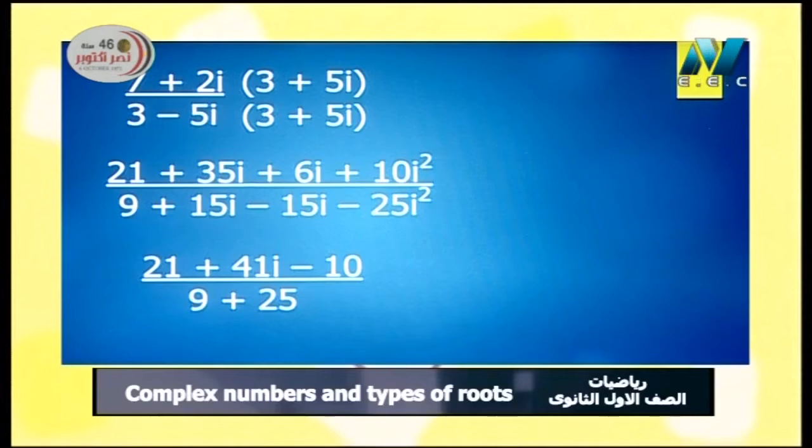And we have the denominator. 9 has no like term with it, so it stays as it is here. And we have 15i minus 15i. The answer will be 0 here. And still negative 25i squared. I squared will be negative 1 multiplied by negative 25. The answer will be positive 25.